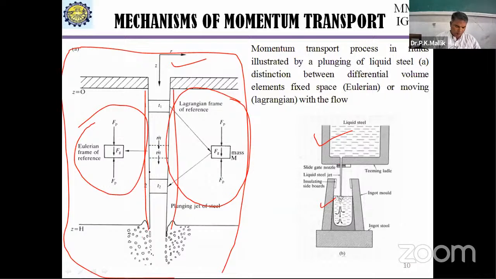The fluid element is identified by its position. We identify its position in the field at some arbitrary time, for example t equal to 0.